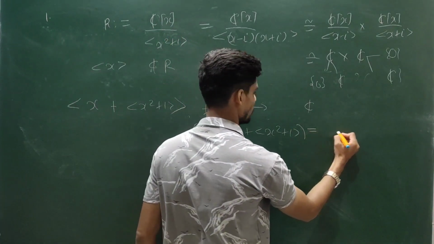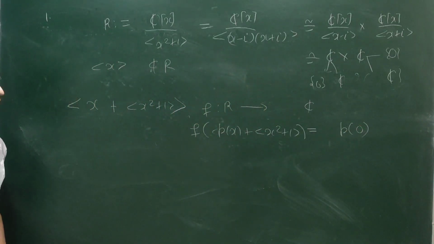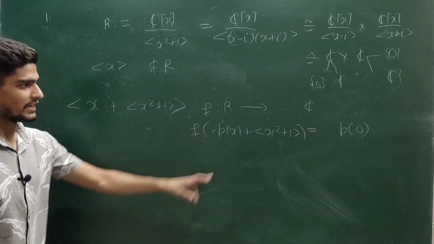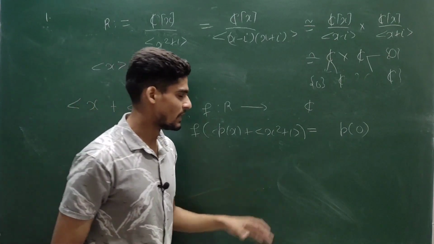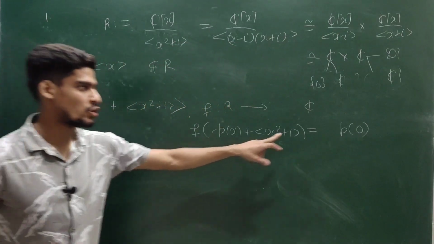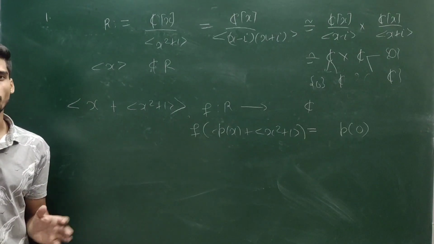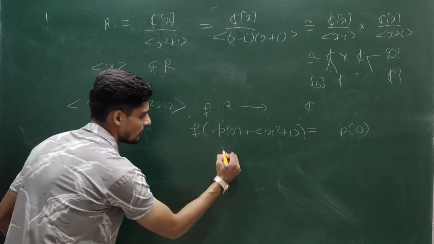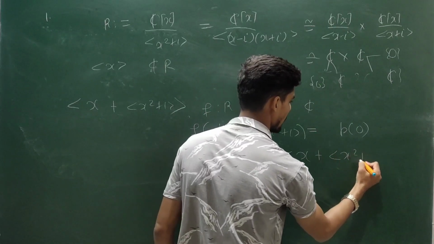I am sending this to p at 0. Clearly this is again an evaluation map. You can check this is an onto ring homomorphism. If you try to find the kernel, the kernel will contain all those polynomials which vanish at zero. If they vanish at zero, then there will be no constant term. With no constant term, the polynomial starts from X, you take X common out, so all those polynomials generated by X will come. So you can see the kernel of this homomorphism is nothing but the ideal generated by X plus the ideal generated by X squared plus 1.